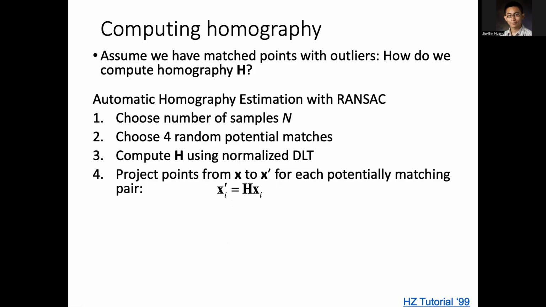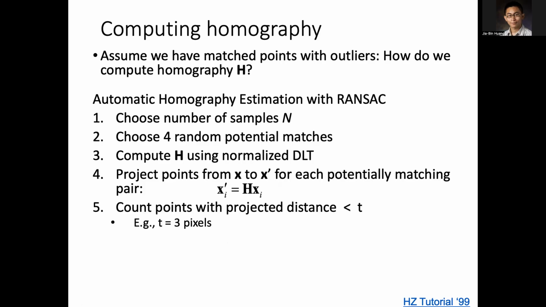to the actual correspondence. Typically, you count how many point pairs this H can explain. Maybe in the end, you have, say, 500 pair correspondences.